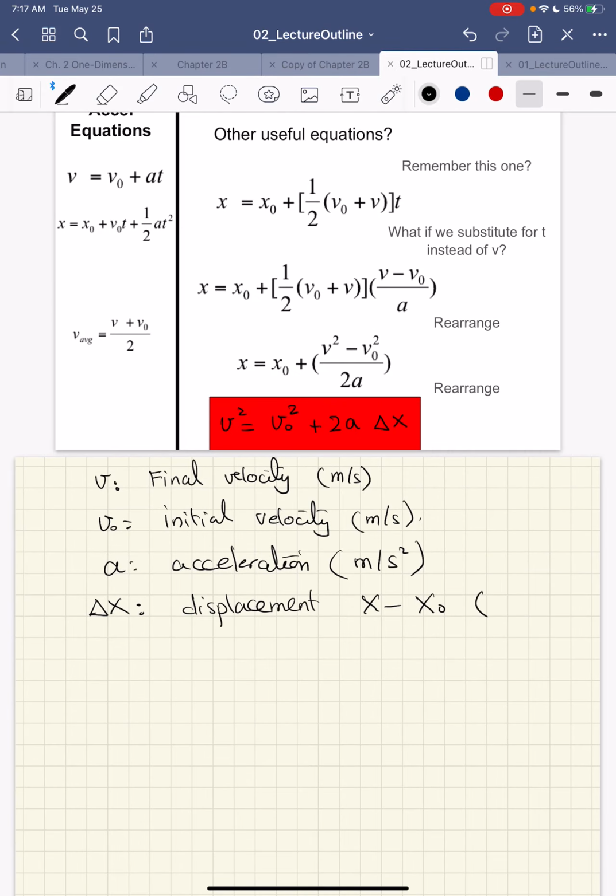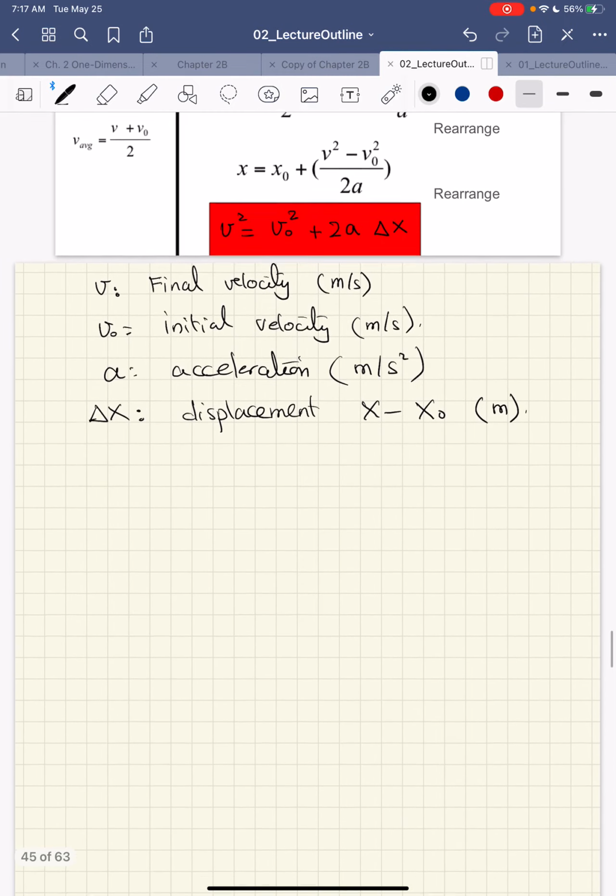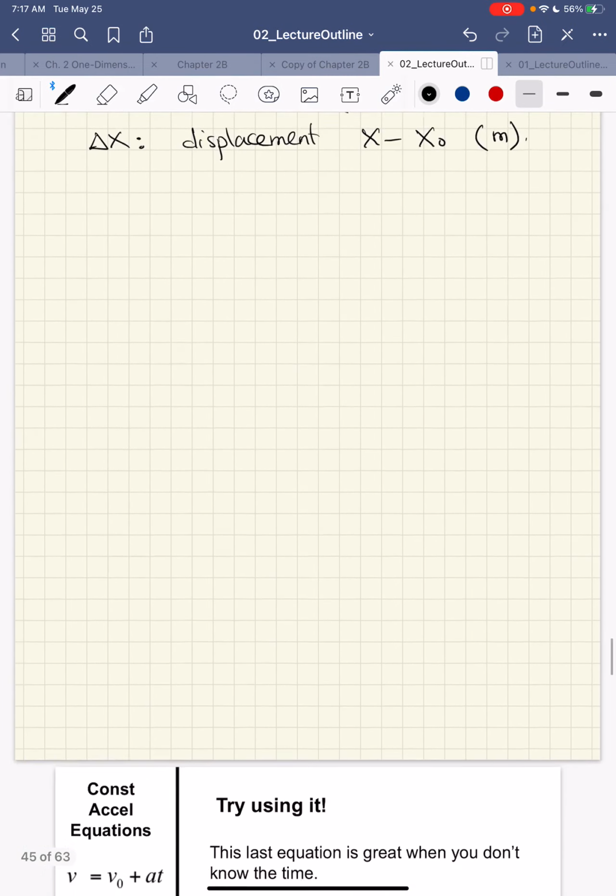It is measured in meters, and again it can be plus or minus. Then this is the third equation that I can use, and it is equivalent to all the 3 before.